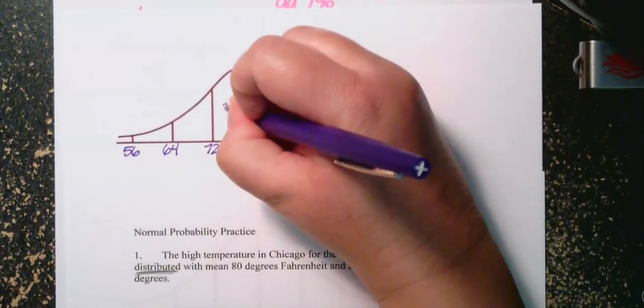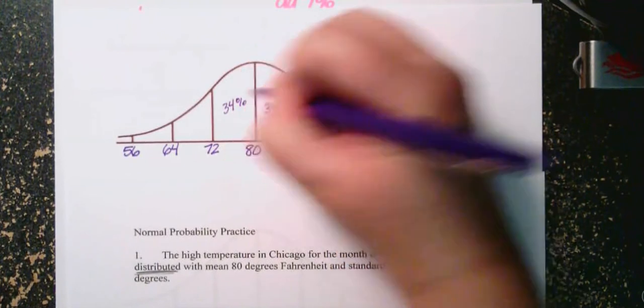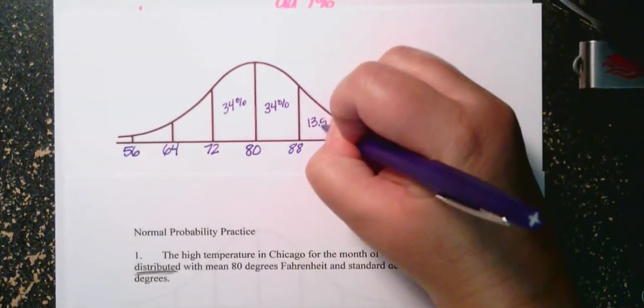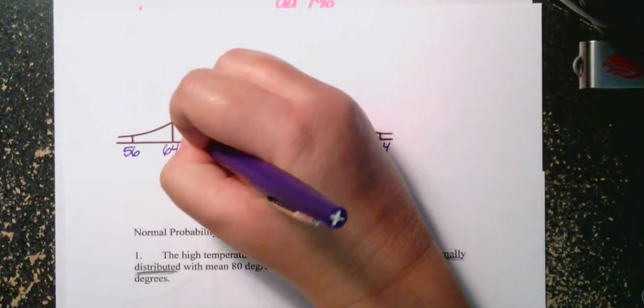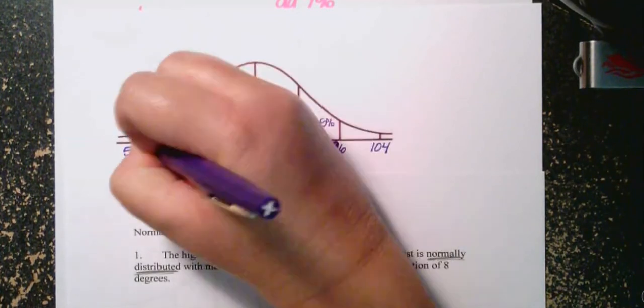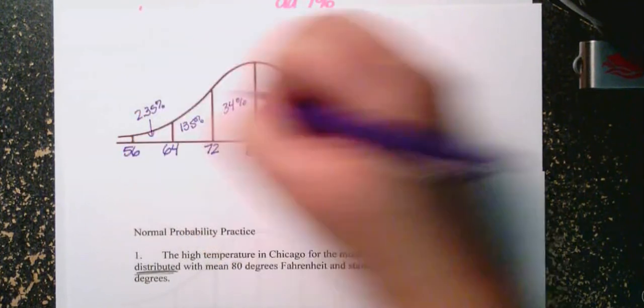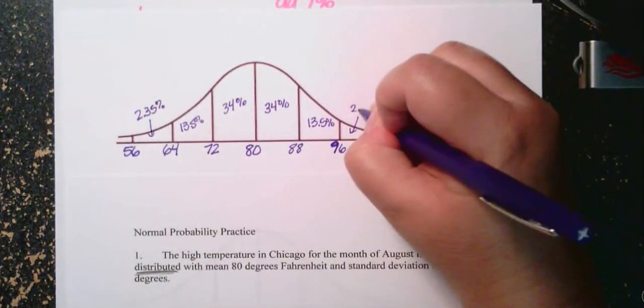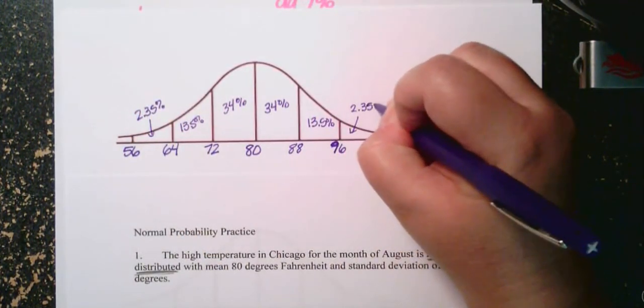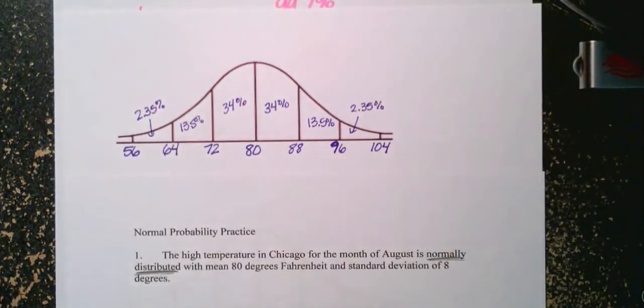So 34% in each of these two places, 13.5 here and here, 2.35 in here. You could potentially have to use that 0.15, but most of the time you're asked about the ones closer in, because the majority of your data is within 3 standard deviations of the mean.